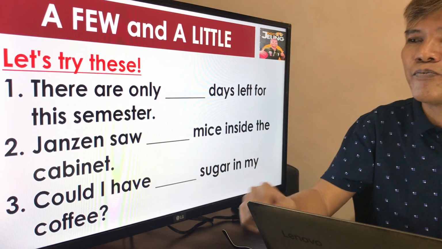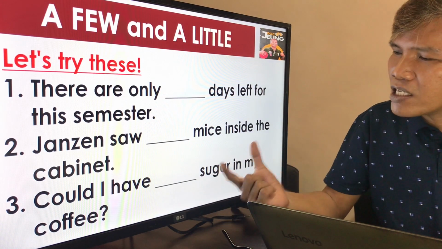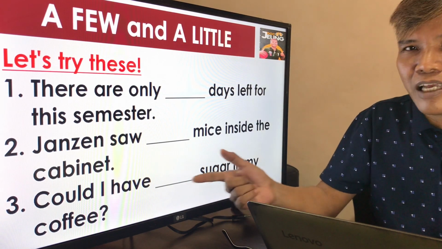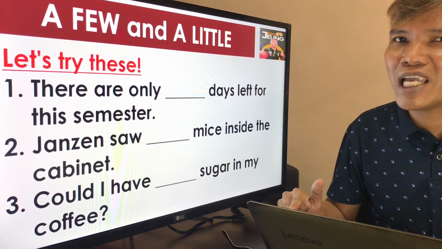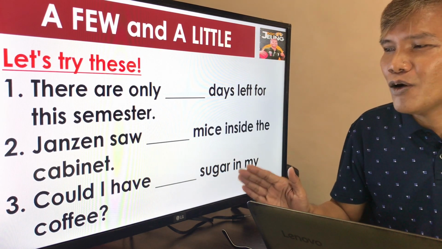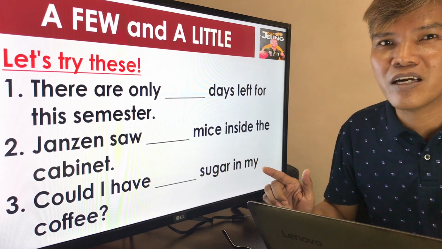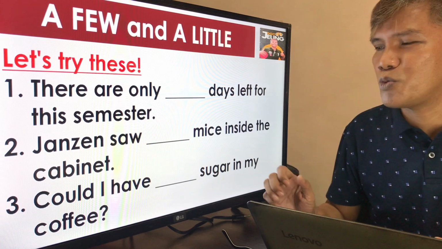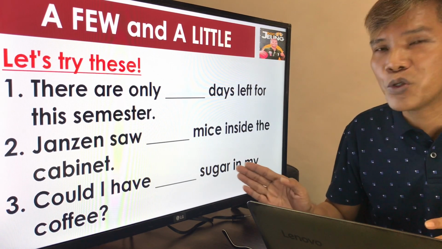Number 3. Could I have blank sugar in my coffee? What is the next word after the blank? It is sugar. It is uncountable. It is a mass noun. We cannot count sugar. In order for us to count sugar, we need to add a quantifier like 2 kilos of sugar, 2 cups of sugar, 2 tablespoons of sugar.